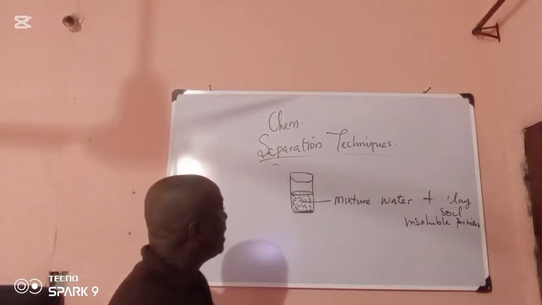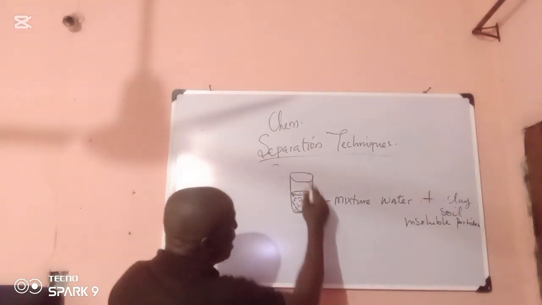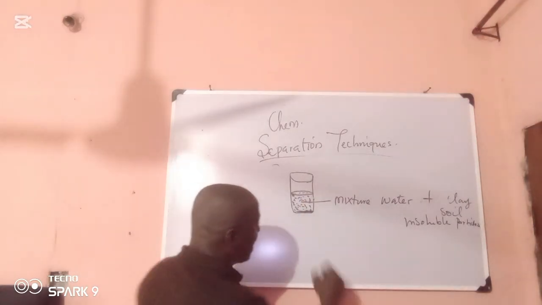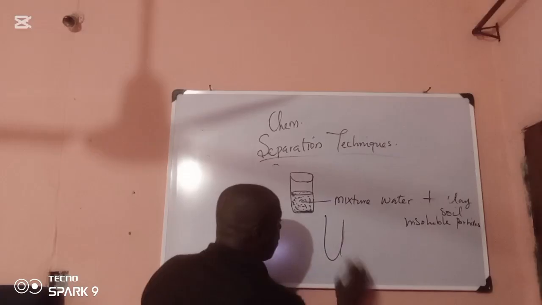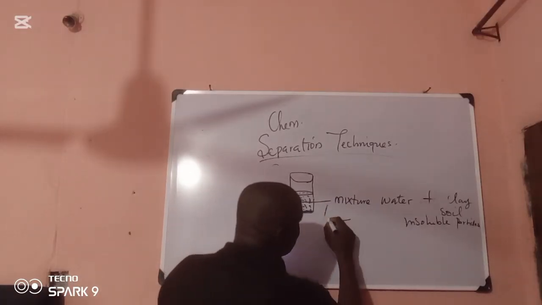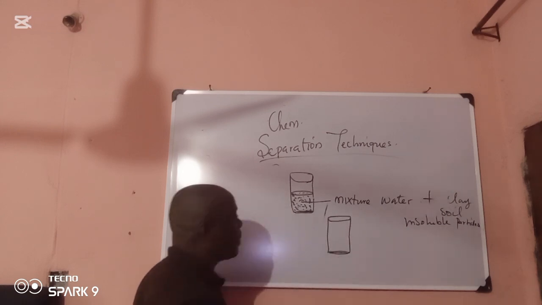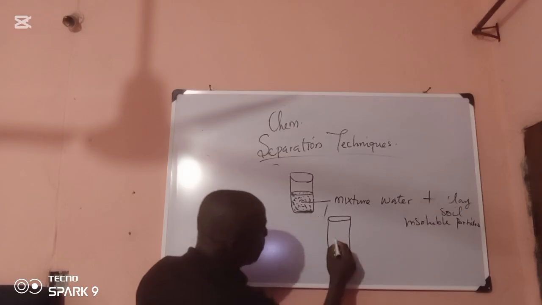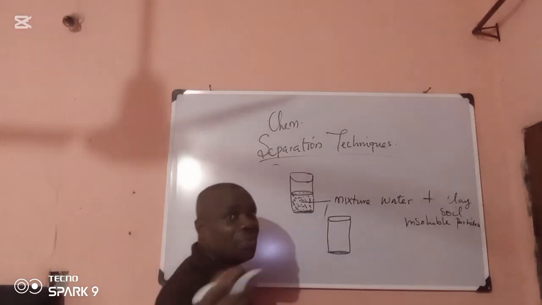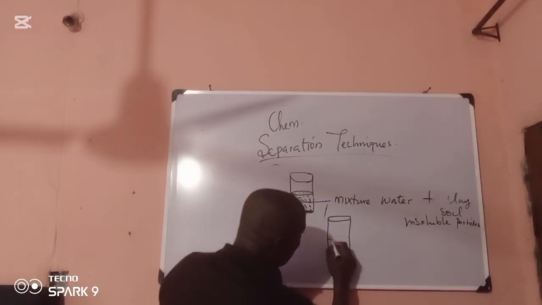You see that these two substances that were mixed together will get to an extent where they will separate. At this point, you will now see that there will be a boundary between them.